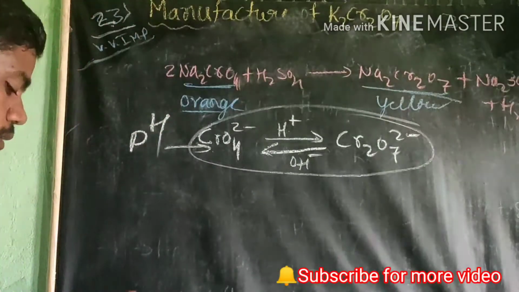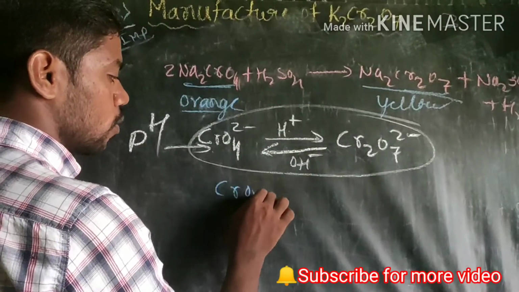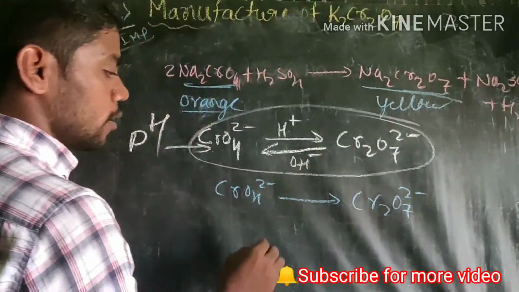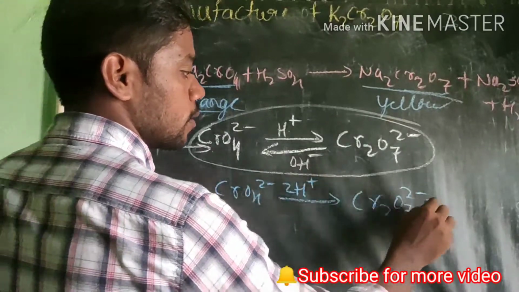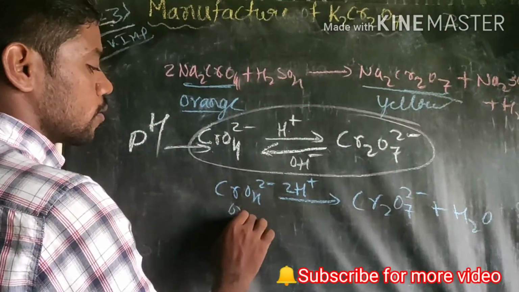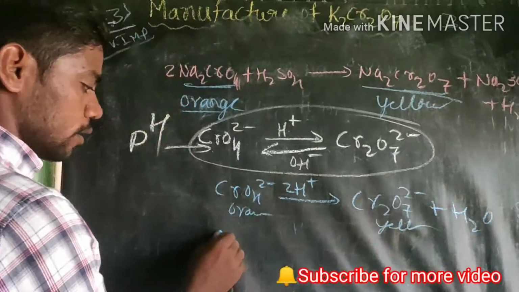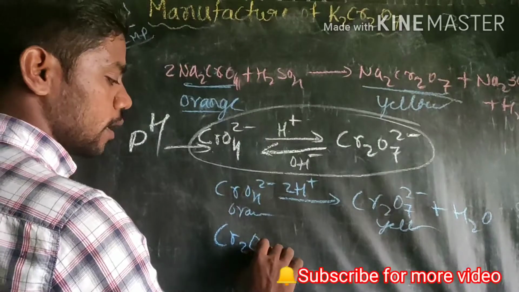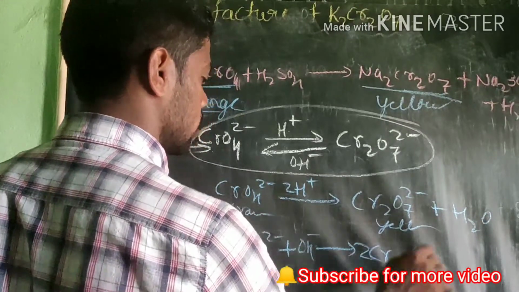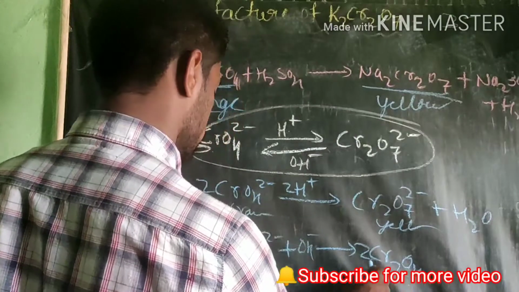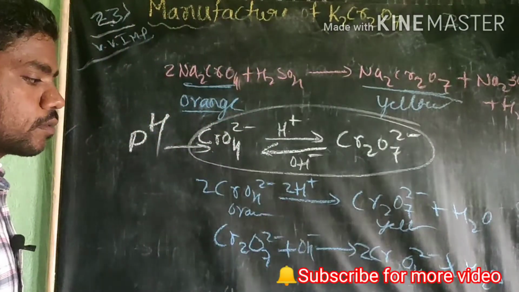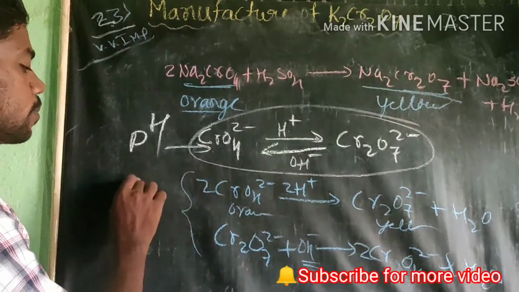Therefore, if you see, CrO4 2 minus is converted into Cr2O7 2 minus when reacting with 2H plus, giving one water molecule. This is yellow converted into orange color. Again, this dichromate on reacting with OH minus gives rise to 2 CrO4 2 minus plus H2O, balancing this.